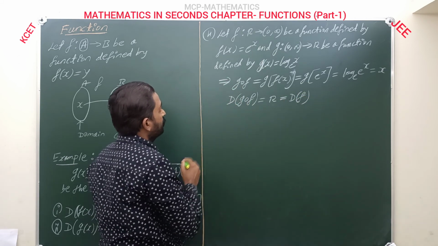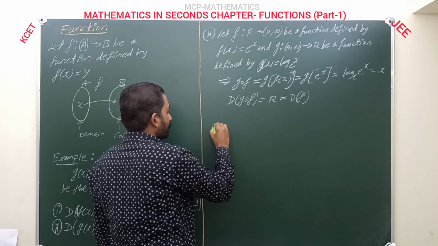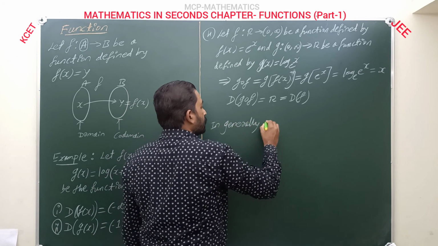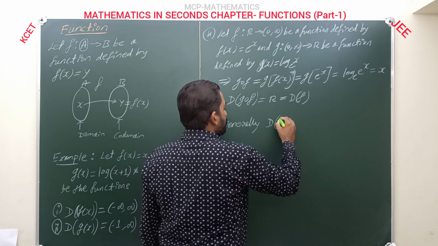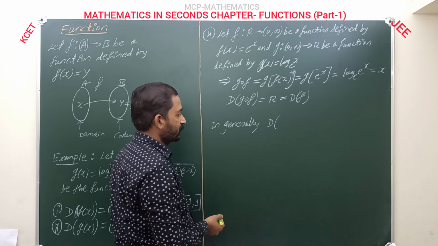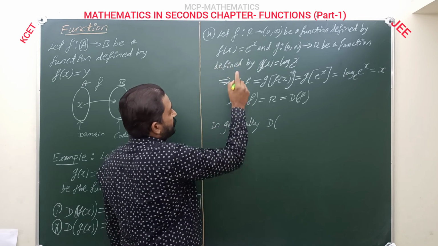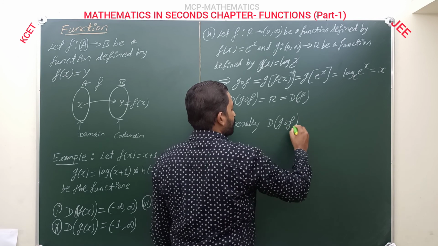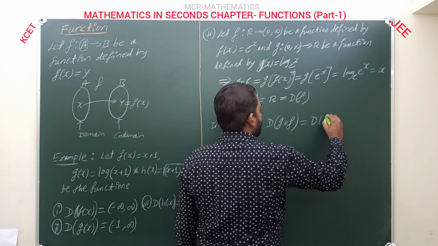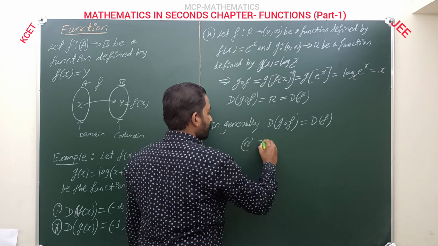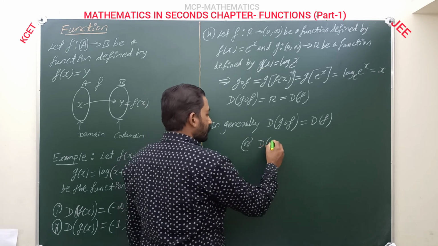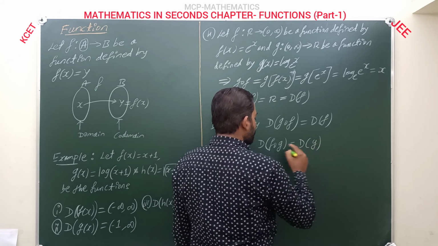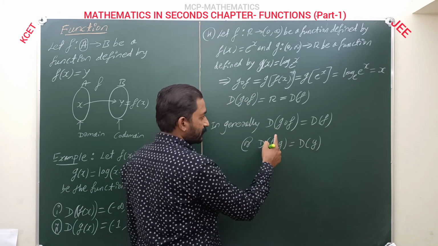So we conclude, in general, let f and g be any two functions. The domain of g composition f is equal to the domain of f, and the domain of f composition g is the domain of g, when f composition g and g composition f are defined.